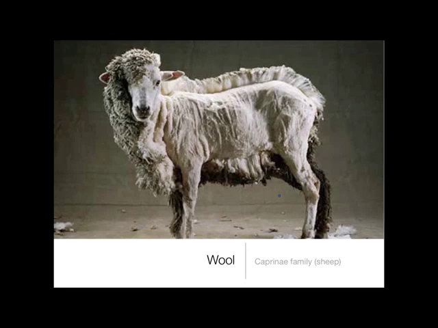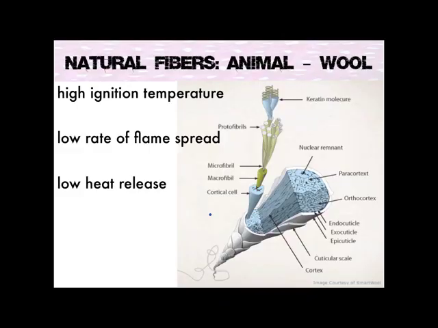Wool comes from the follicles of animals in the Caprinae family, and the fiber is actually crimped and quite elastic, and wool grows in staples or clusters.